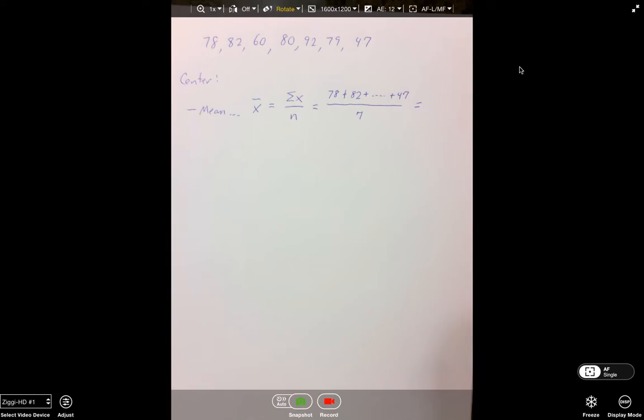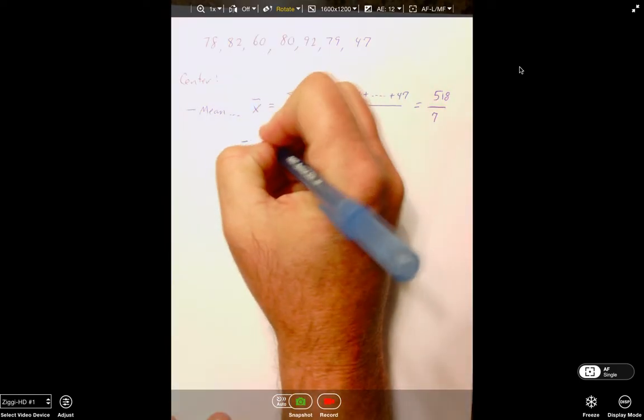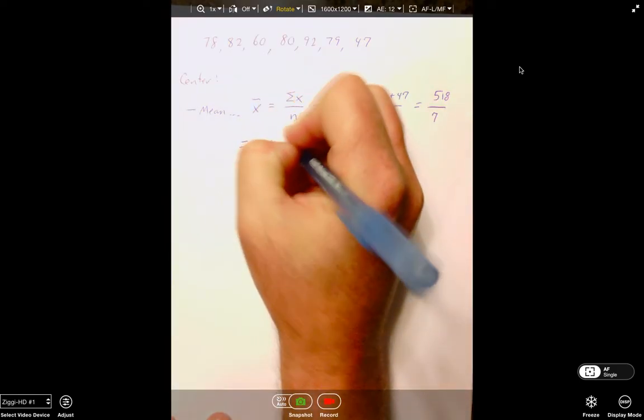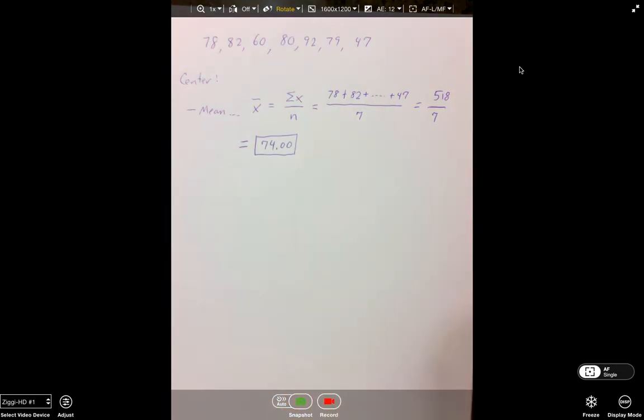All right, so hopefully you've got this in your calculator. So when I add this up, I get 518 divided by 7 scores. So I get 74.00. So guys, I get a mean of 74.00 for these scores. Now guys, it's customary when getting numerical summaries to round our answers to 2 places.